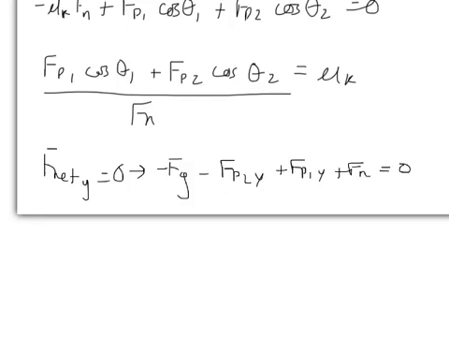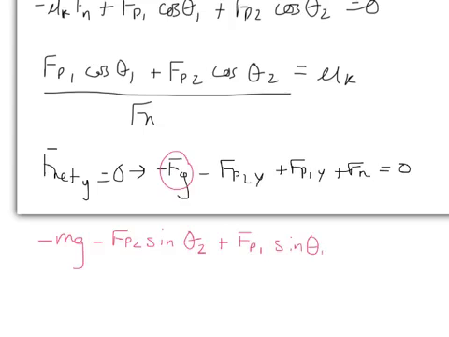So substituting in, we're going to have negative mg, again mg is really what Fg is, minus Fp2 sine of theta. Oops, let me fix that sign. And we'll put theta 2 because the second angle we're looking at, plus Fp1 sine of theta 1, again the y component of Fp1, plus the normal force, and that equals 0.